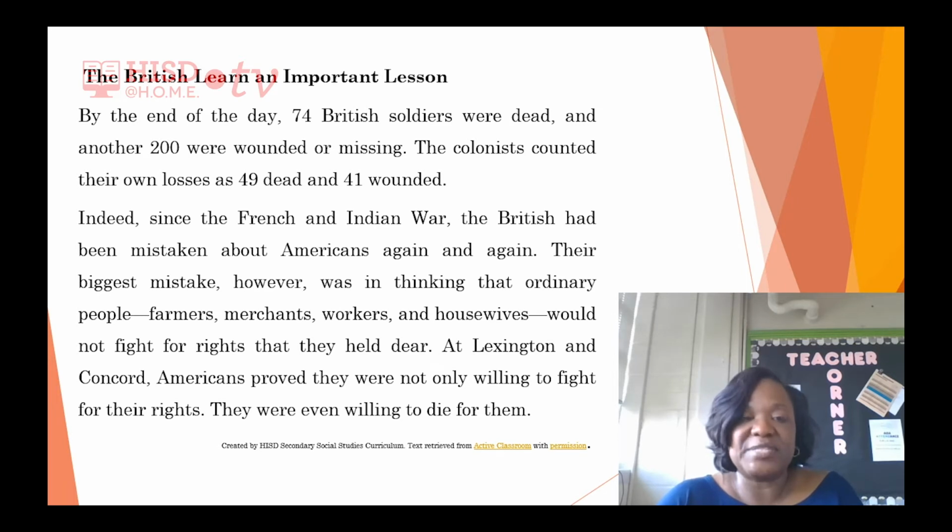Their biggest mistake, however, was in thinking that ordinary people, farmers, merchants, workers, and housewives, would not fight for rights that they held dear. At Lexington and Concord, Americans proved they were not only willing to fight for their rights, they were even willing to die for them.